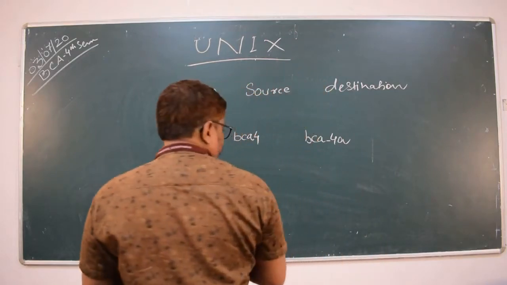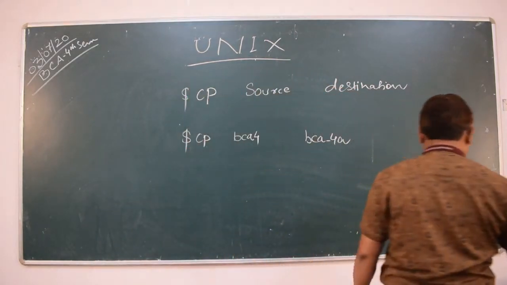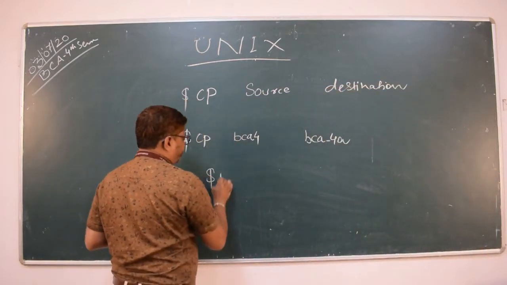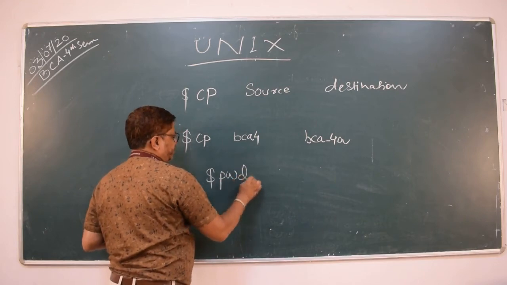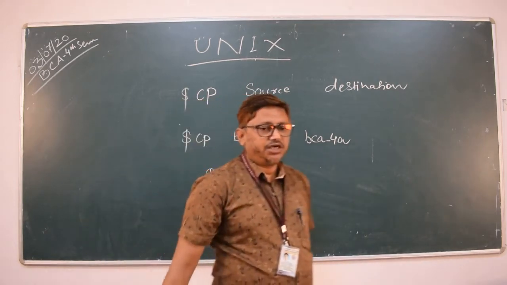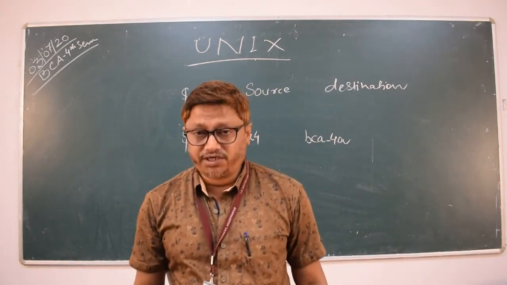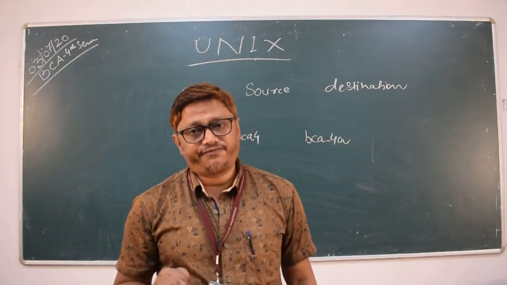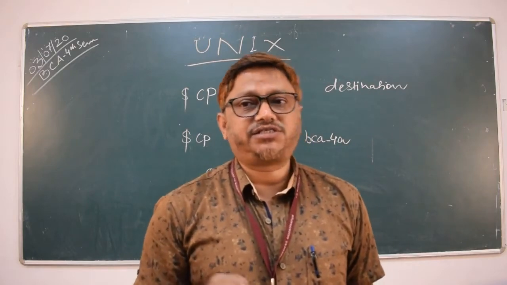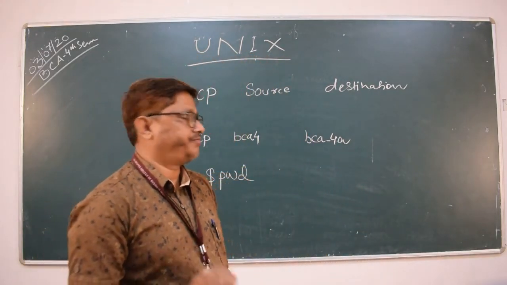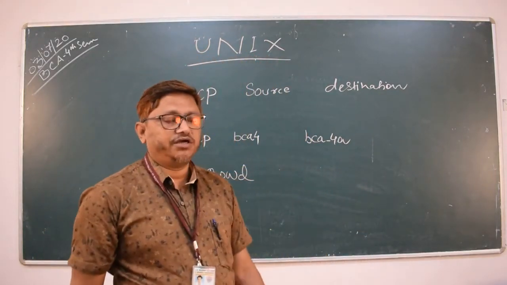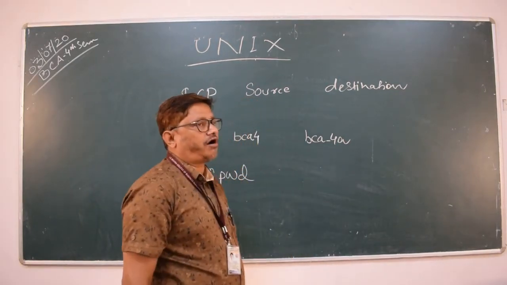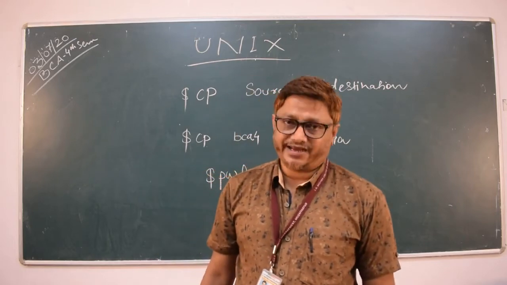Another command to know the path in Unix is pwd. The full form of pwd is present working directory. With the help of pwd you can show the path of the current directory.